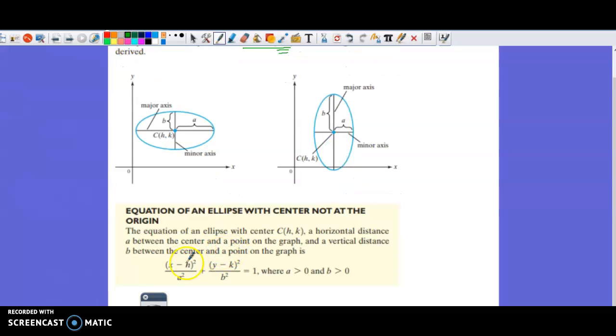If I scroll down a little bit, you might notice that it looks very similar to the equation of a circle: (x minus h) squared plus (y minus k) squared equals, now instead of a radius here, we just have equals 1. And I'll talk about a and b here in a second.